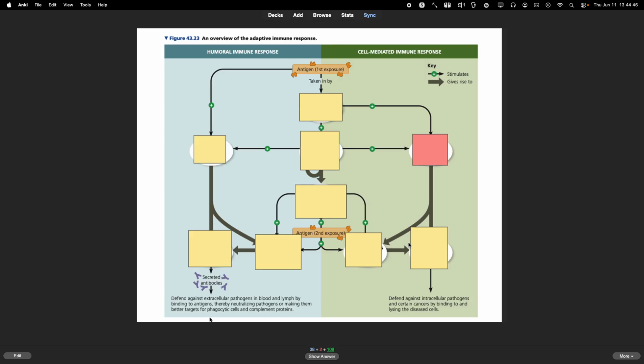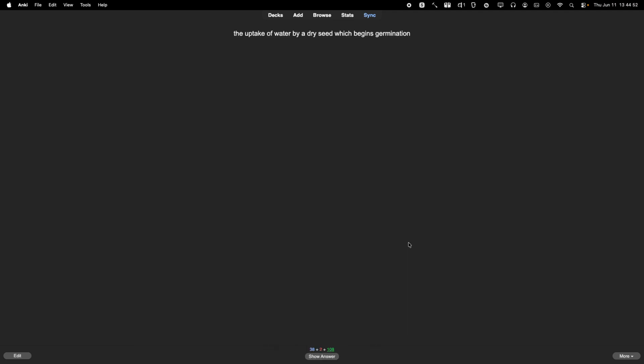That would be a sound thing. Cytotoxic T cell, the red box, yes. Imbibition. I do not know this. Apomixis. This is good to know. Why do plants do this?